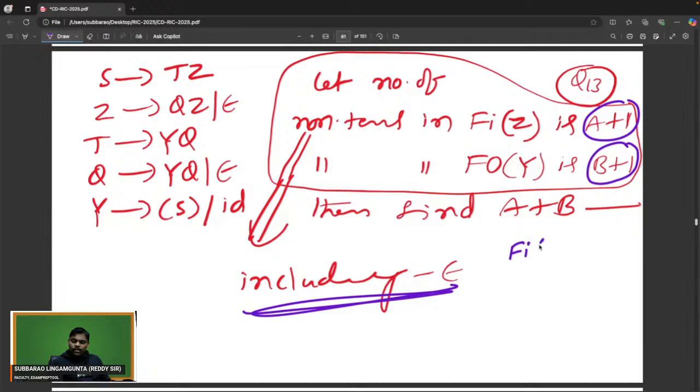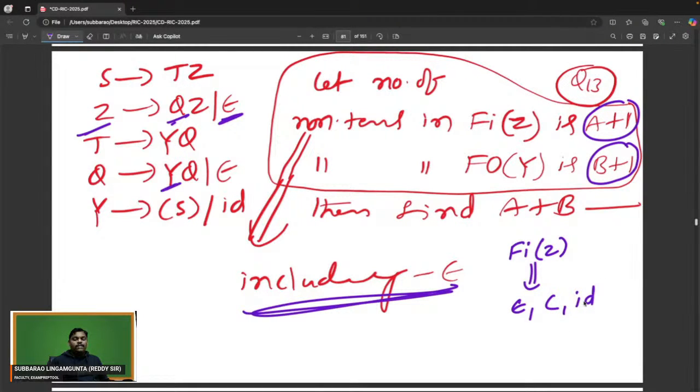Let's find out first of Z. First of Z is equal to first of epsilon, so first of Z is epsilon. Next, first of Q. First of Q is epsilon, already there. First of Y is open bracket, ID.